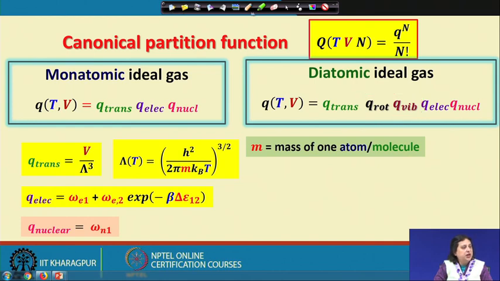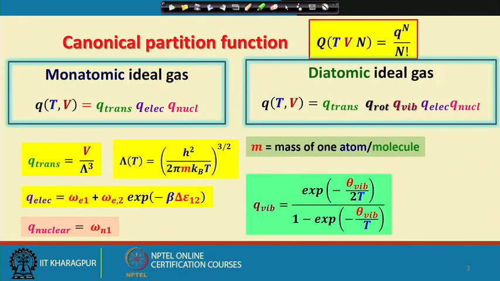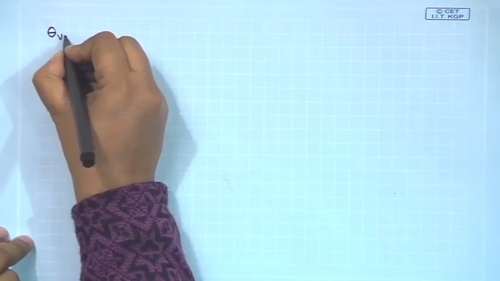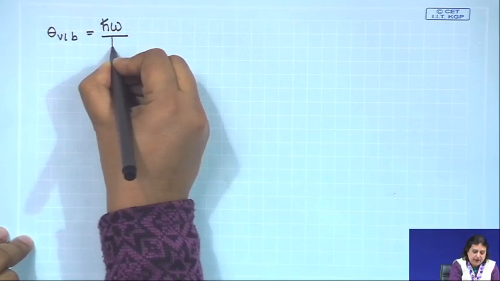Under the rigid rotor simple harmonic approximation, we have been able to show that Q vibe, if I assume the vibrations of the chemical bond connecting the two nuclei in my diatomic molecule are associated with an intrinsic angular frequency omega, then we can define a temperature called theta vibe, given by h cross omega divided by kb.